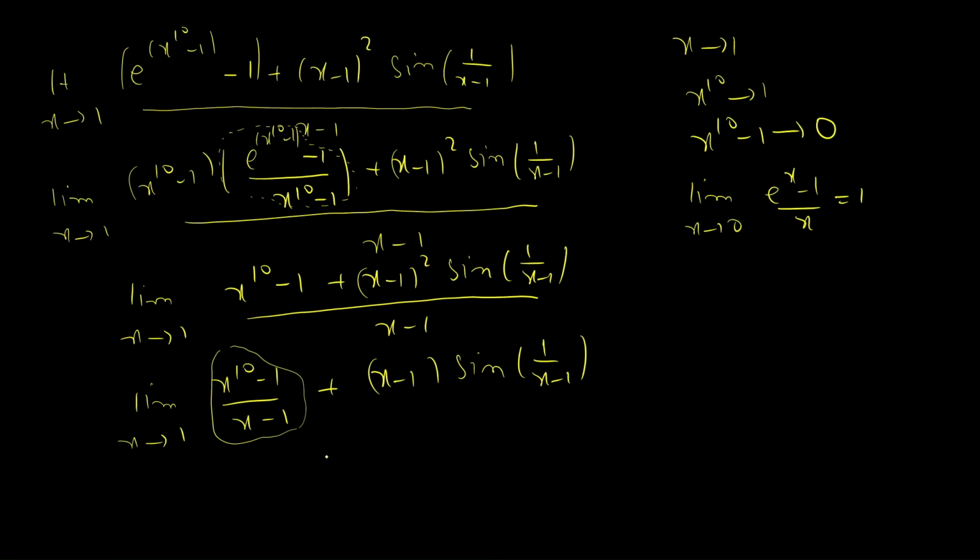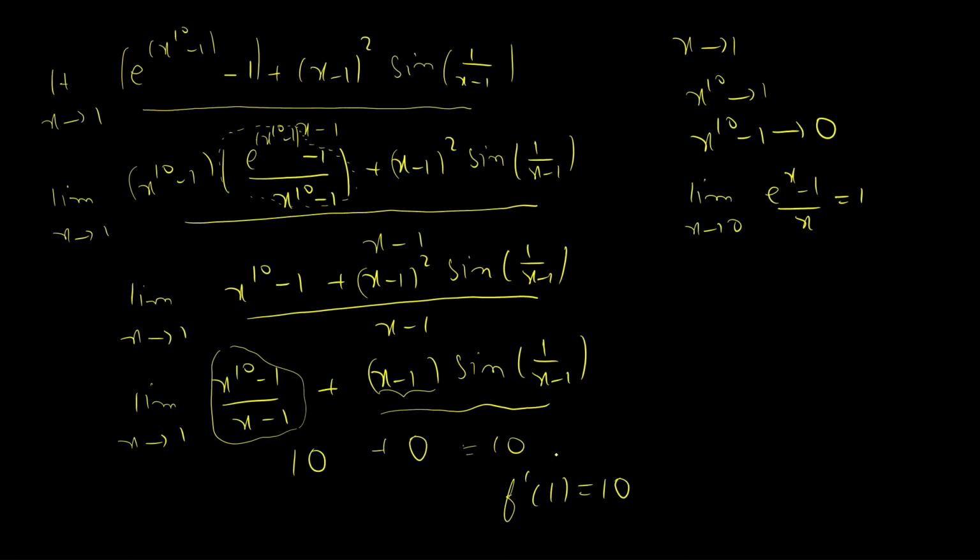In either way, you will get the answer as 10. Now when you evaluate this limit, as x is tending to 1, this quantity will tend to 0. And sine of 1 by x minus 1, however much it oscillates between minus 1 and 1, will be a finite value, giving us a 0 as x tends to 1. So our final answer is 10, which is f dash of 1 is equal to 10.